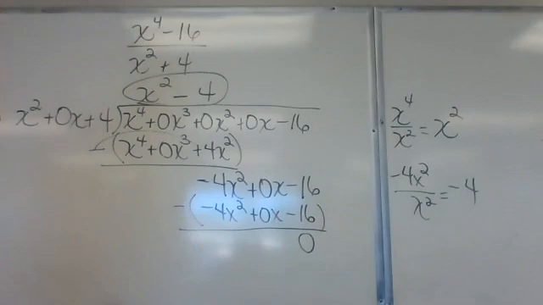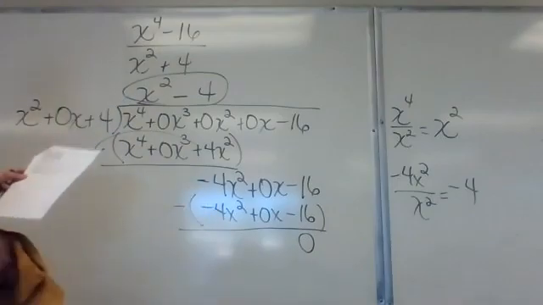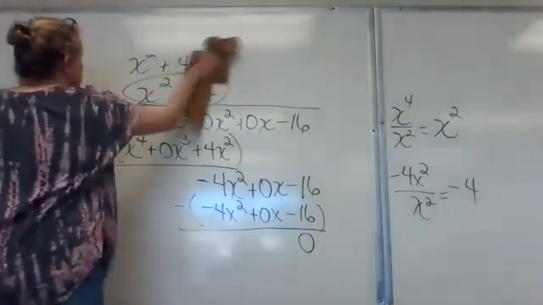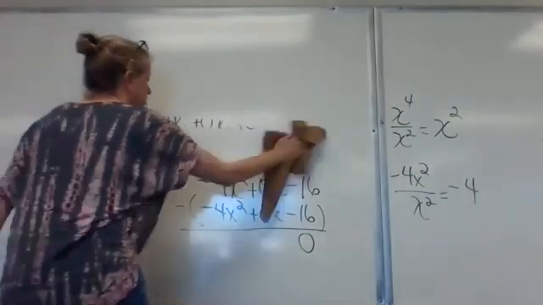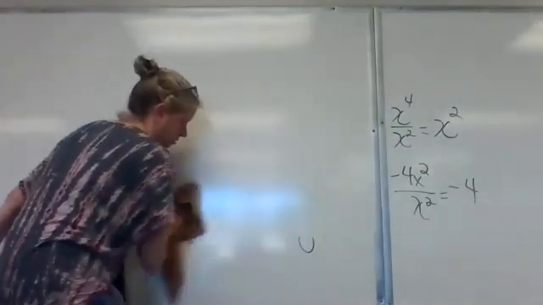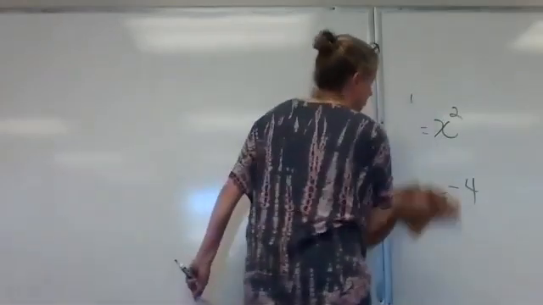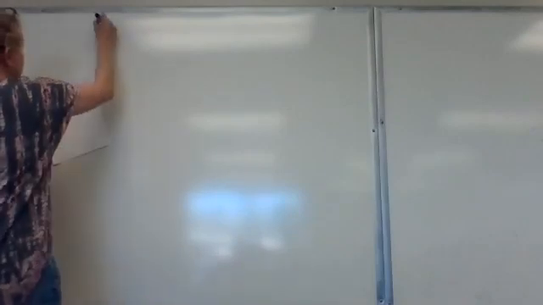All right, the last 2 are word problems, but we're just going to turn them into long division, and they'd be exactly like what we've been doing. All right, so it gives me a rectangle.